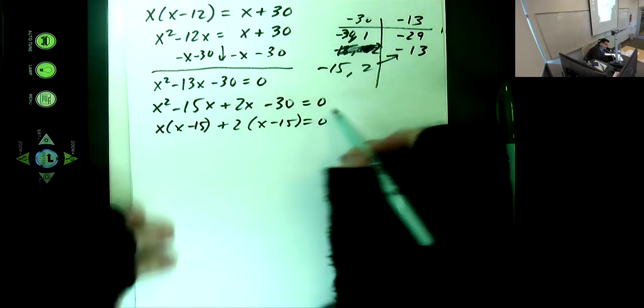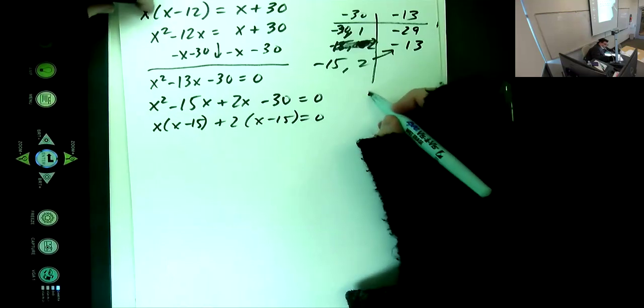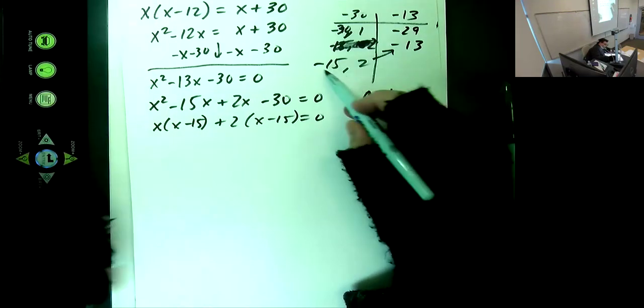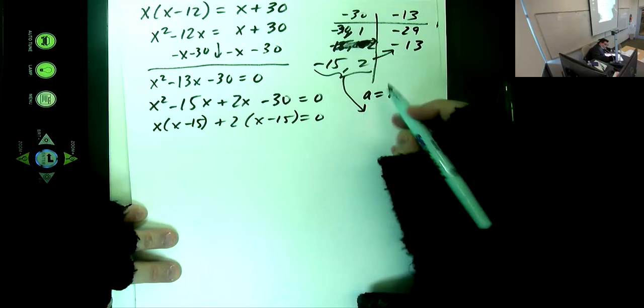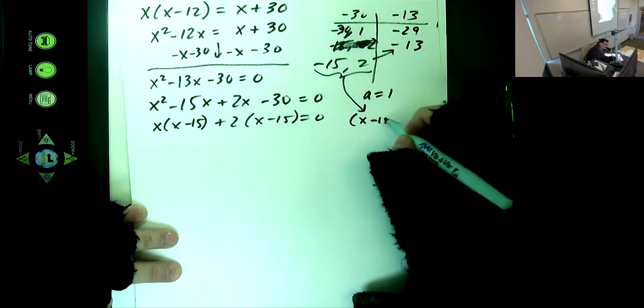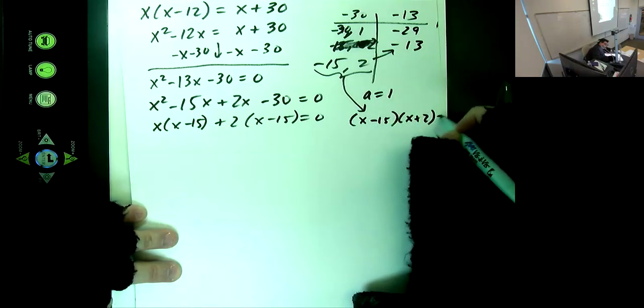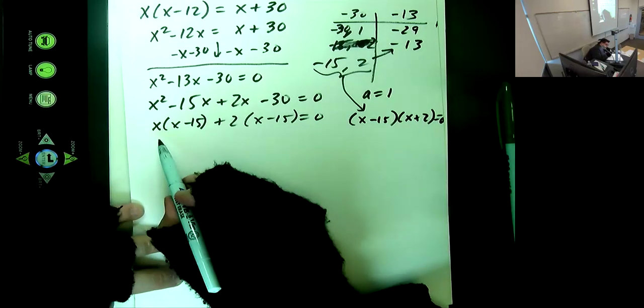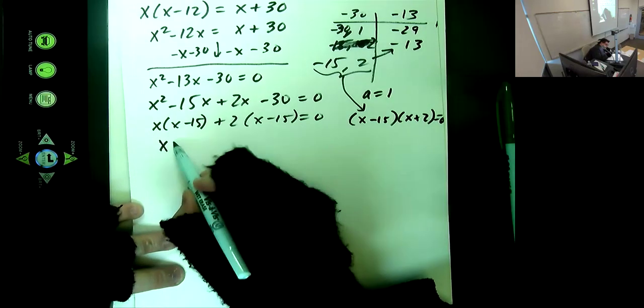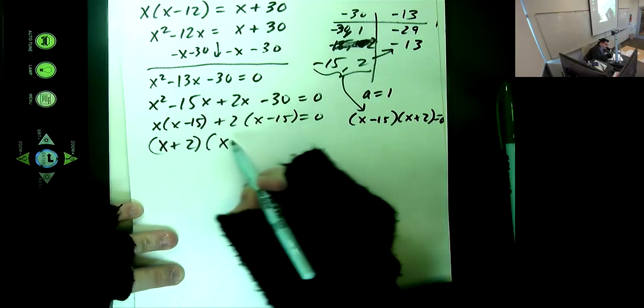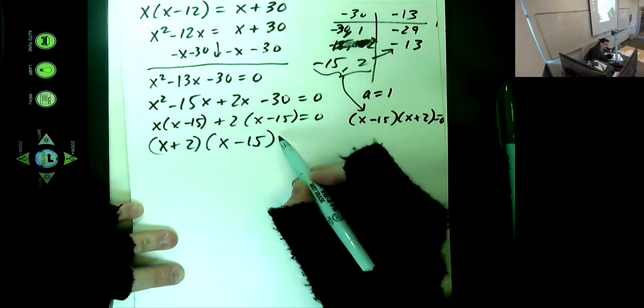And here I could have sped it up a little bit. As long as A equals 1, these are what get dropped in parentheses. But A doesn't always equal 1, so I don't think it hurts to go over the long form with you each time.